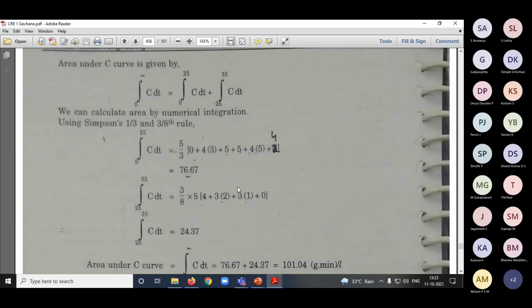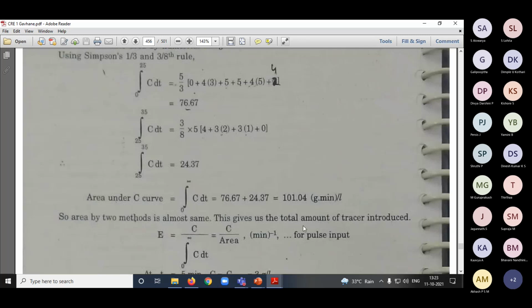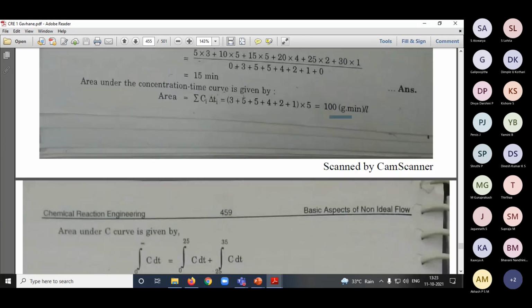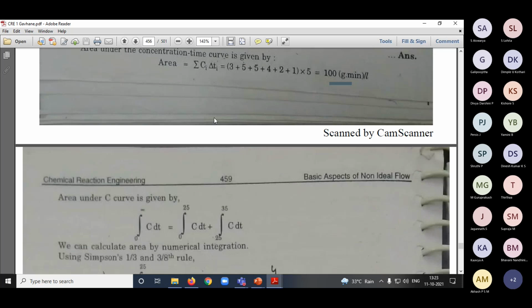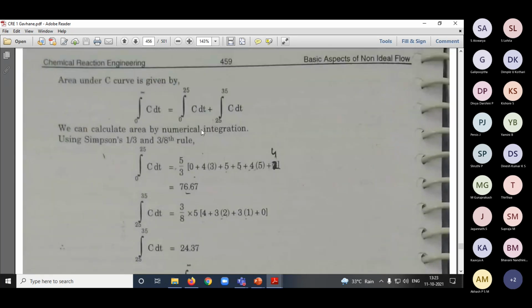You have to get these formulas. So your entire area under the curve is the sum of this. That is 101. The same thing we got here almost. Either you can do it analytically or you can go for numerical methods. That's up to you how you want to do it. If you can do this here itself, then it is fine.